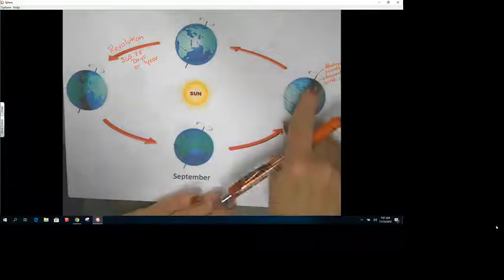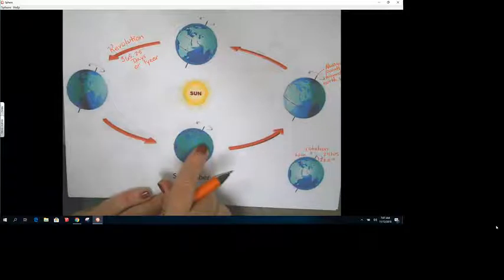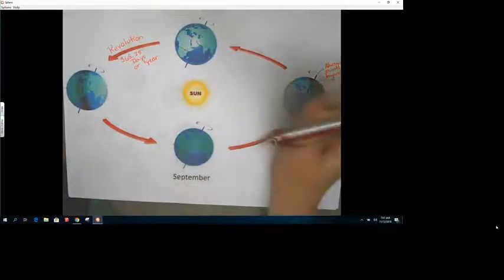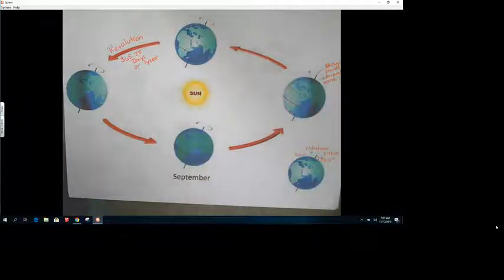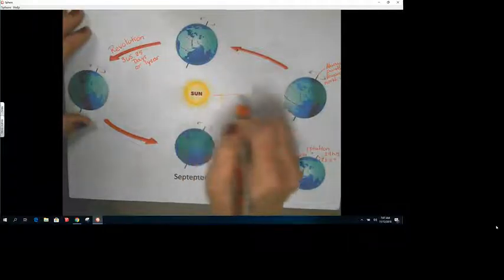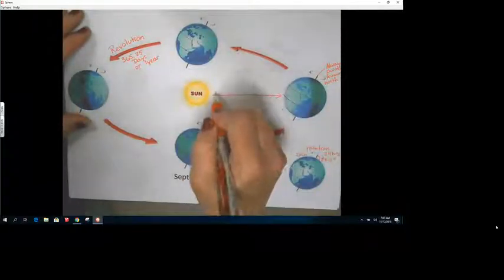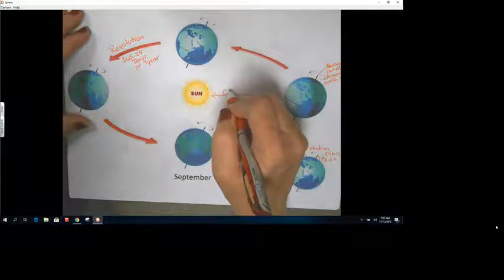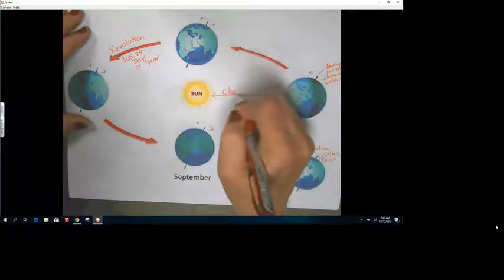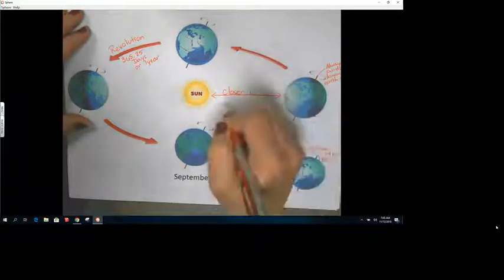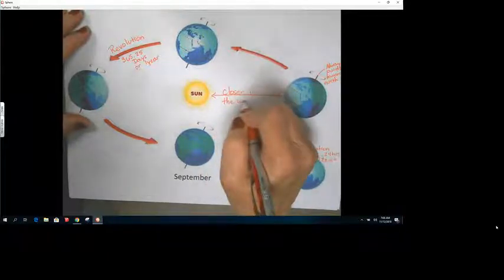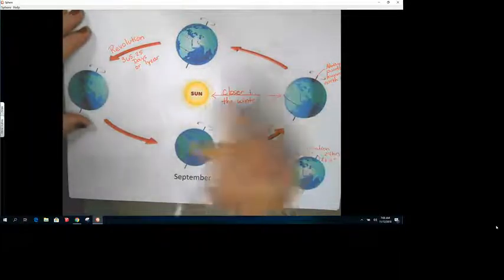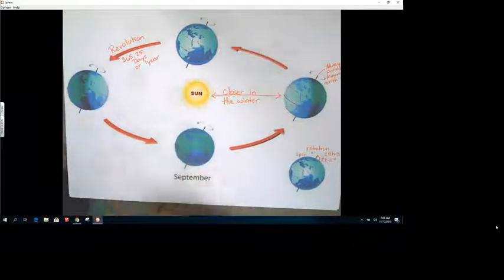Remember, if you see in the picture, all of the axes are pointing in the same general direction. Remember that we are closer to the sun in the winter. And we are actually further away from the sun in the summertime.